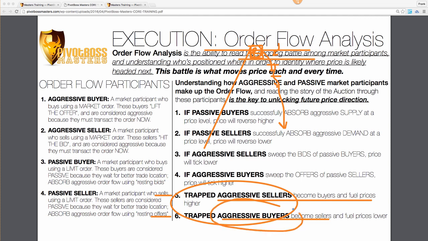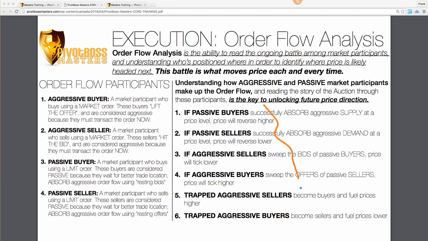So aggressive buyers that become trapped become the sellers that fuel price lower. The reverse can be said for the upside for trapped aggressive sellers. If trapped aggressive sellers get caught selling too cheap, then price will leave them behind, and now the upside buy stops get triggered, and the buyers fuel the prices higher. So these trapped aggressive sellers become the buyers that fuel prices higher.